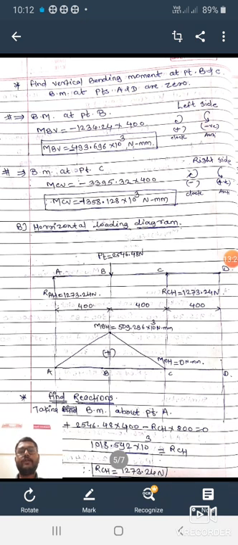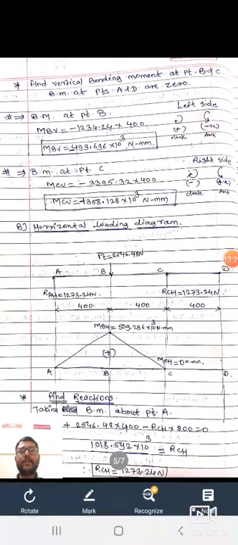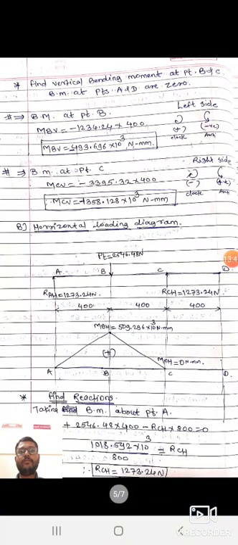Let us find MCV, that is equal to minus 1358.128 into 10 raised to 3 Newton mm. So this is nothing but the bending moment at point B and C for vertical loading, that is MBV and MCV.